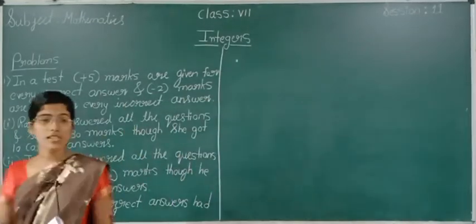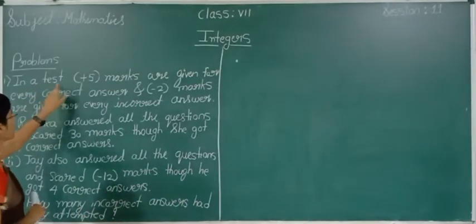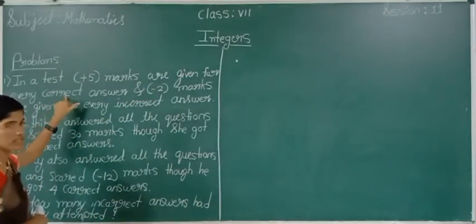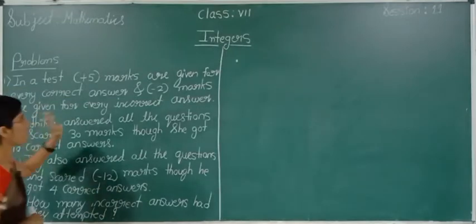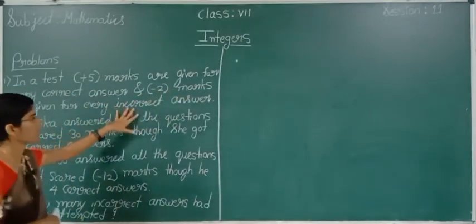Now see here, the first problem tells us that in a test, 5 marks are given for every correct answer, and -2 marks are given for every incorrect answer.